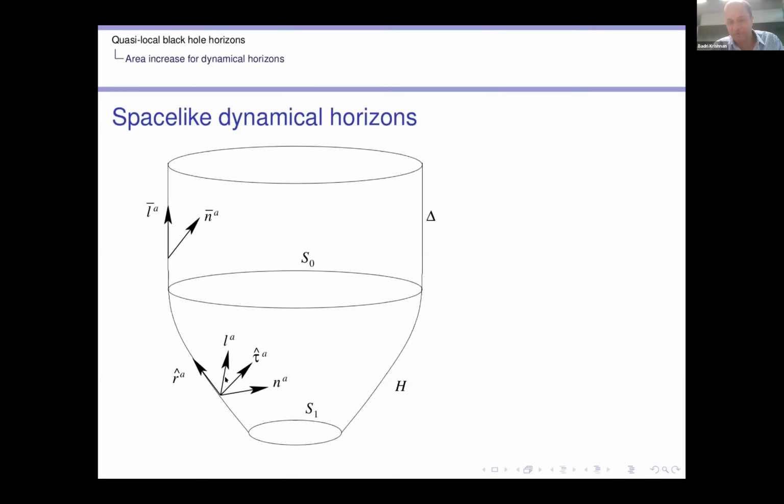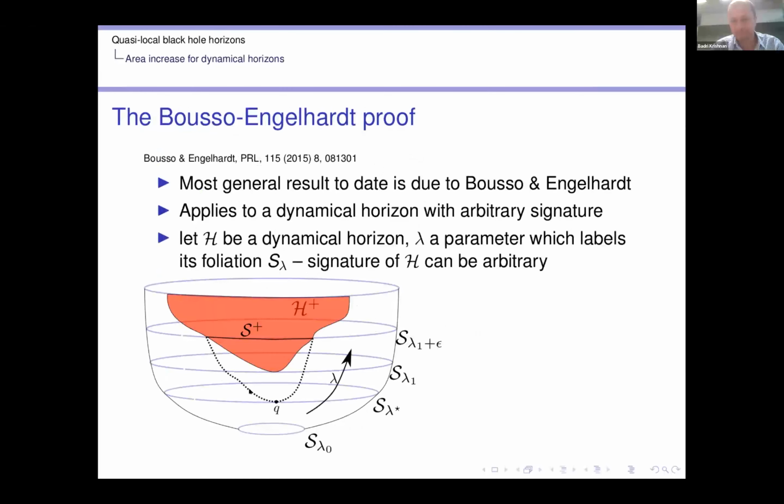You could have, in fact, the horizon being within the light cone, so it would be in this direction. Then the combination of L and N, you can still find a combination that is orthogonal to the leaves of the foliation, but it would not be space-like in that case.